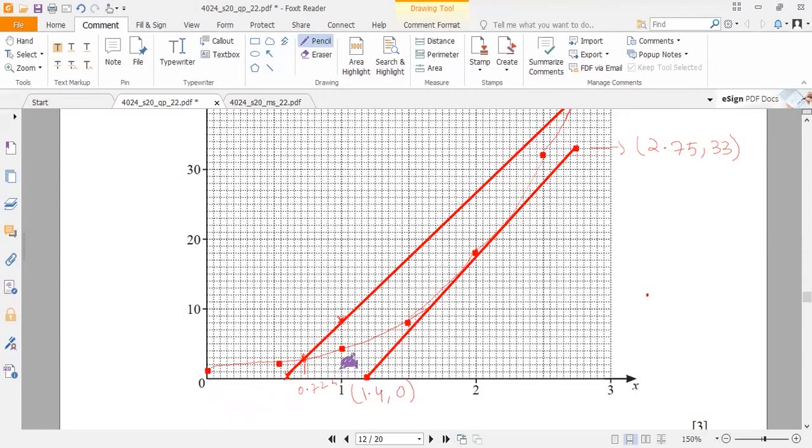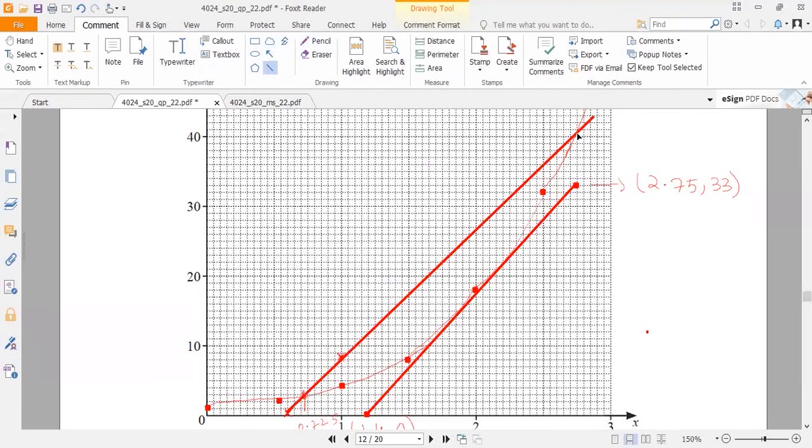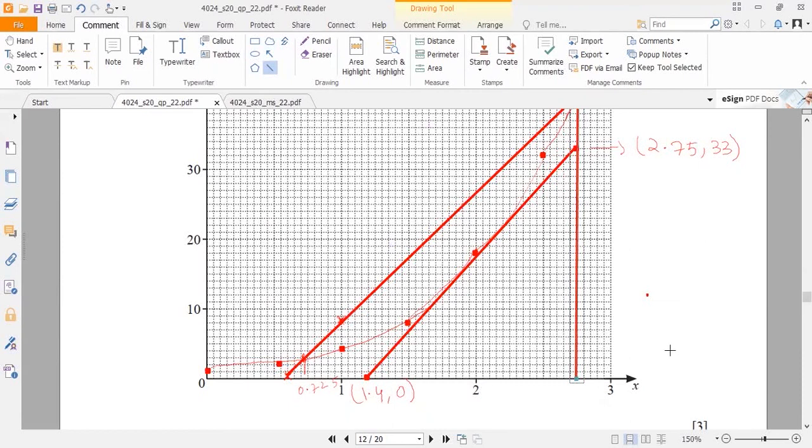And the next intersection point is over here. It is 2.75. Okay.